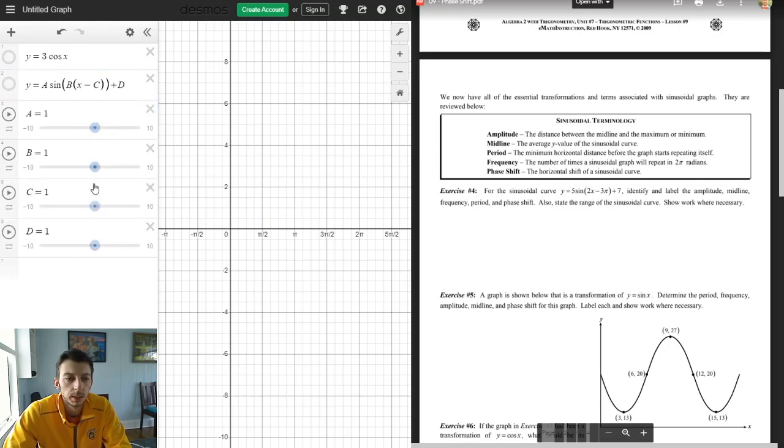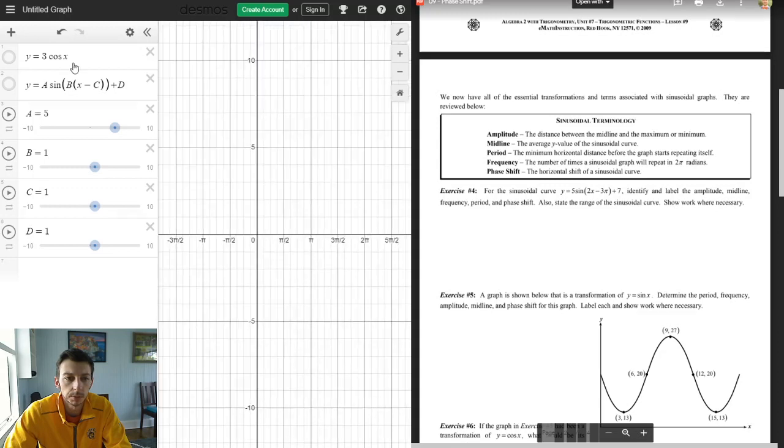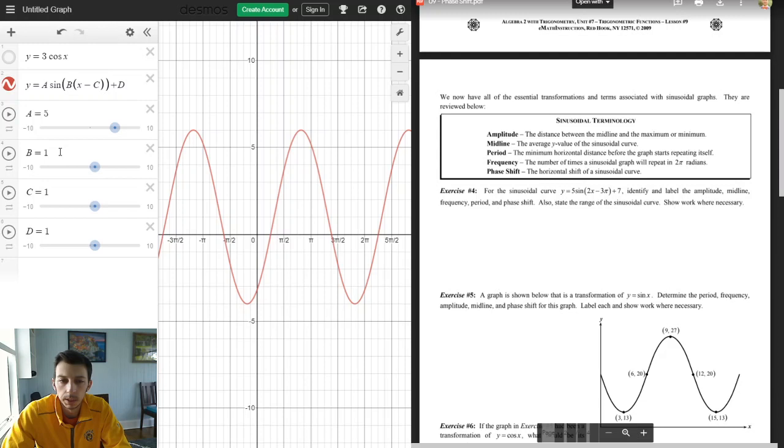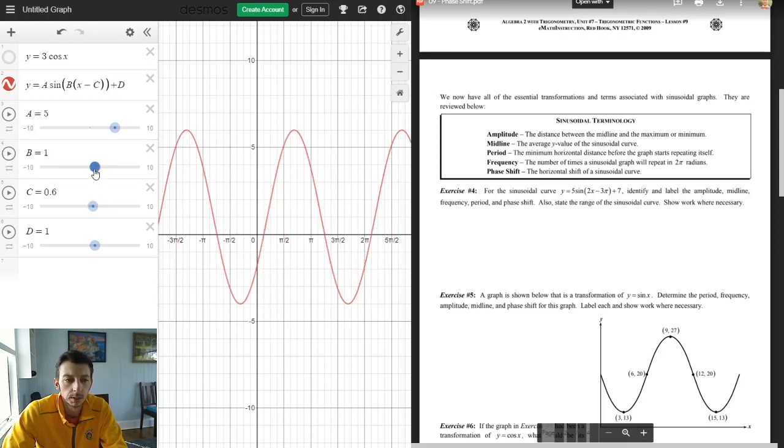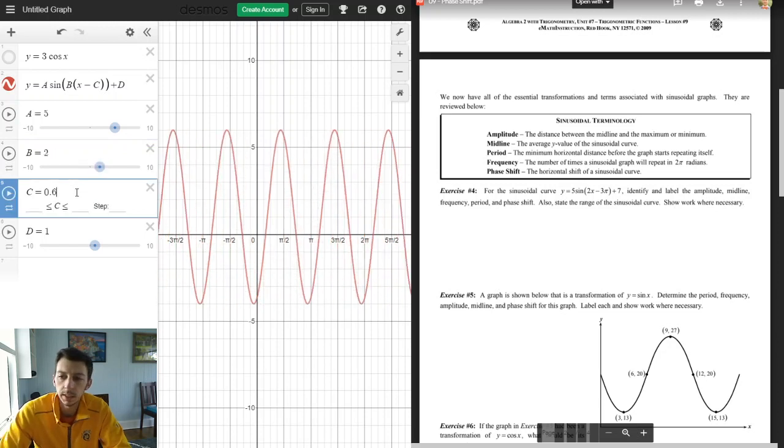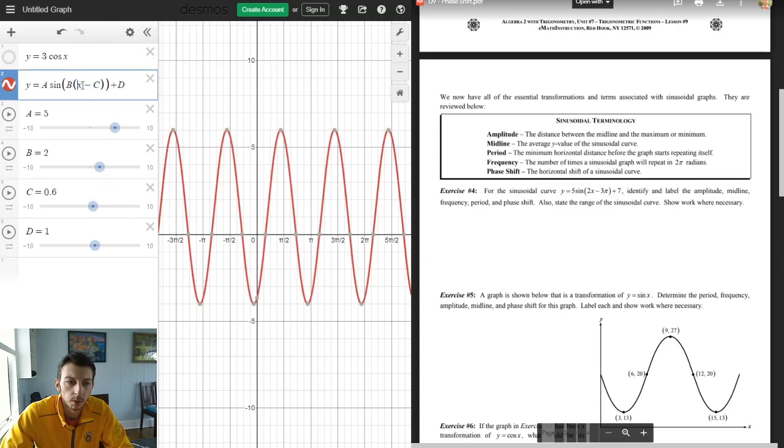There we go. Now for when I look at this equation over here, I've got 5 sine, so my A is 5, so I can make that a 5. I should make sure my graph is visible, sometimes it's invisible. So my A is equal to 5, my B is equal to 2 in this case, so I'll just drag my B up to 2. Now your C is, remember, the equation up here is in this factored form.